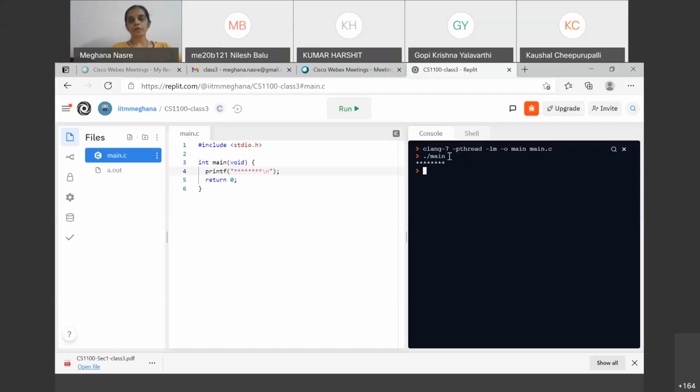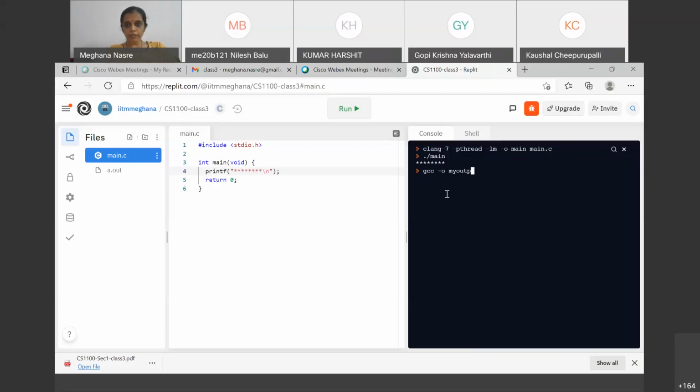So this is how you are going to execute programs in your lab, by either pressing the run button once you have created this, or you can also use gcc -o main, or you can also call it differently, my output.